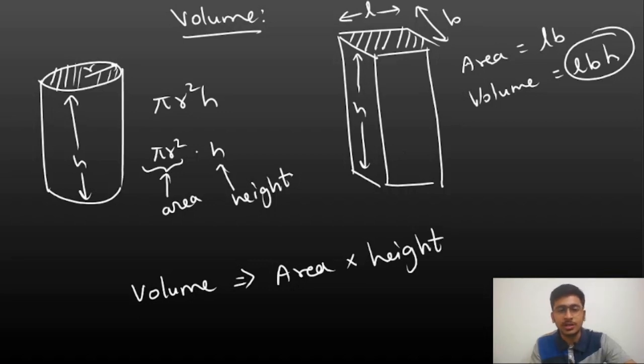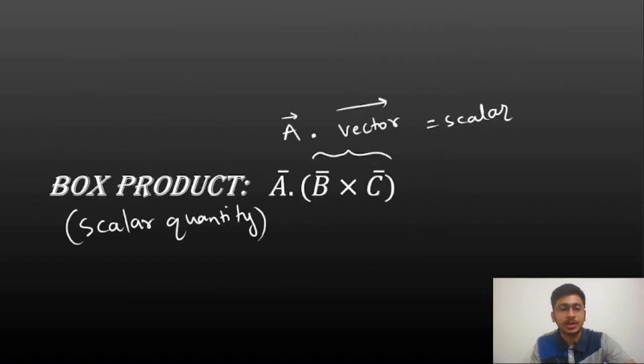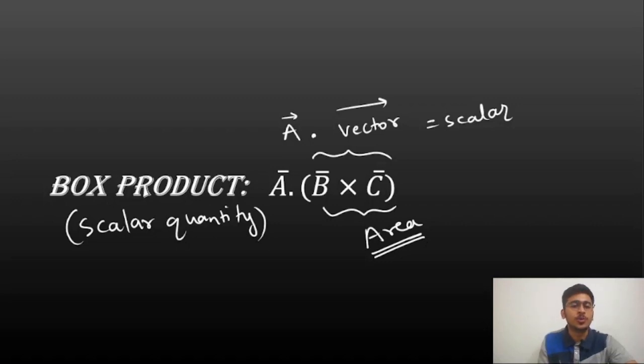So this is what is happening in box product, because this vector B cross C signifies area, and this area we are multiplying with a vector. We are not multiplying it, we are using a dot product with a vector to give us a volume. So box product represents the volume of a parallelopiped.